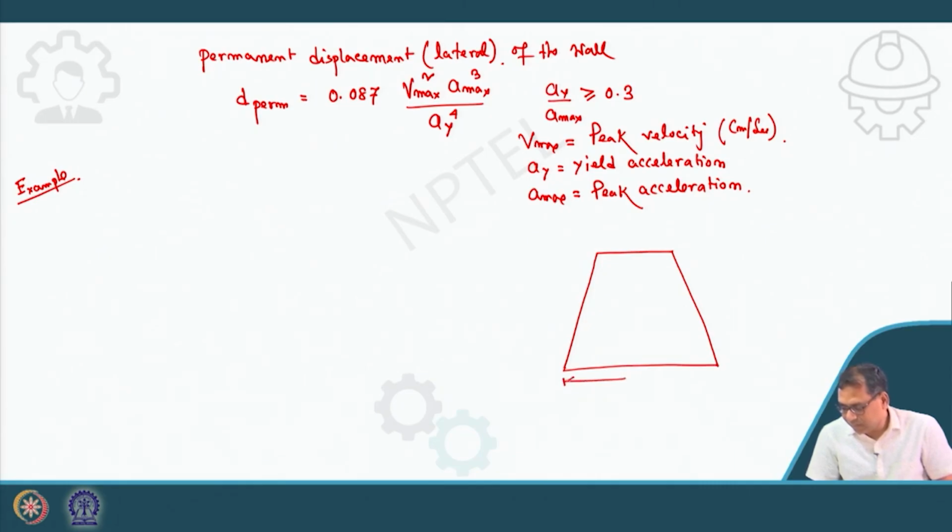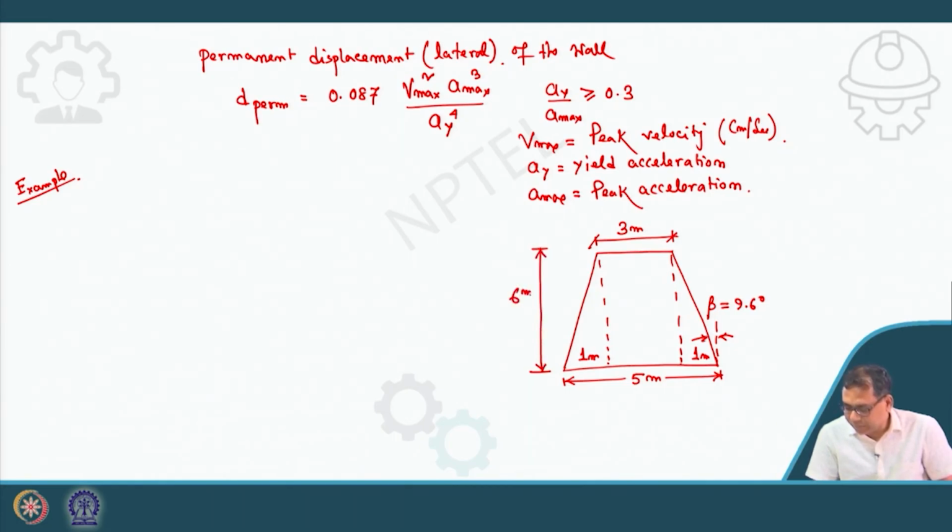Okay? This was 5 meter, this was 3 meter, this is 1 meter, this is 1 meter. So, again the beta value will be 9.6 degree, and this is 3 meter, and height is 6 meter.